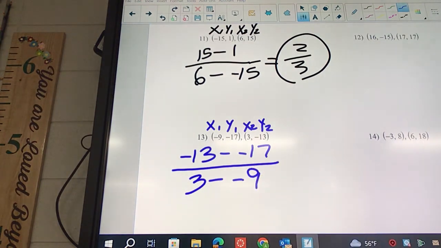Okay, there's a lot of negatives there, so be careful. 1/3. 1/3, somebody agree? You got 1/3 too?